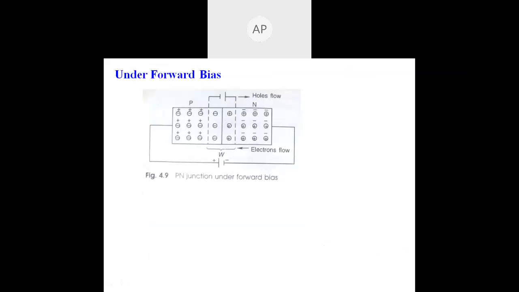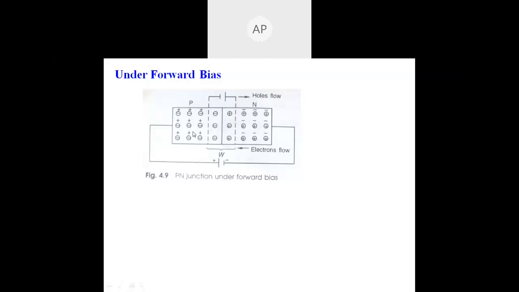Here, before applying the external voltage, one more line is present in the depletion layer which has positive ions, and similarly for the P side one more column has negative ions.